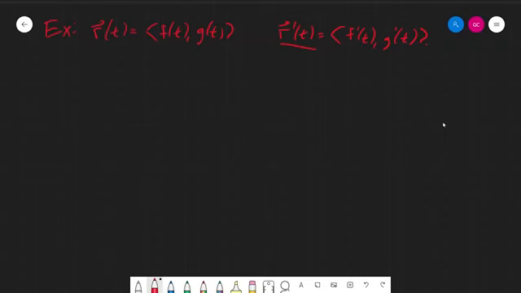So we're going to look at this in the context where r of t is the position vector of an object. So say you have an object that's moving in the plane.